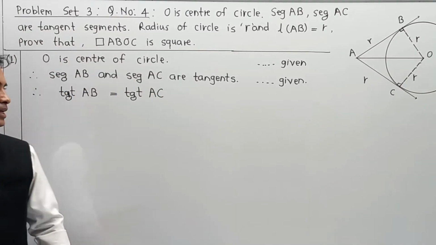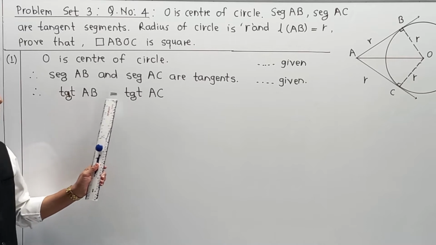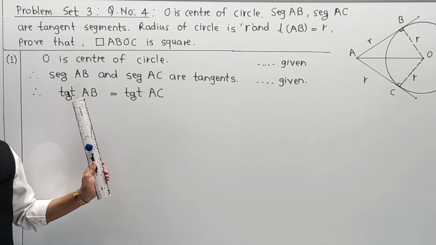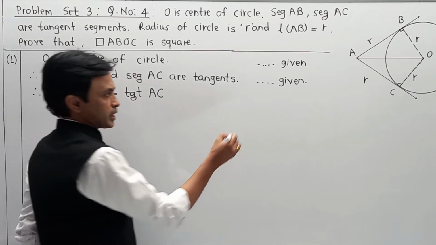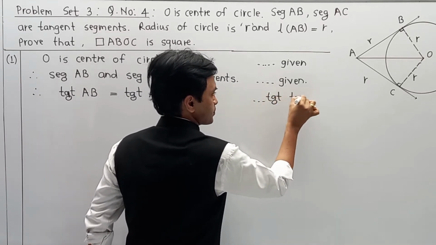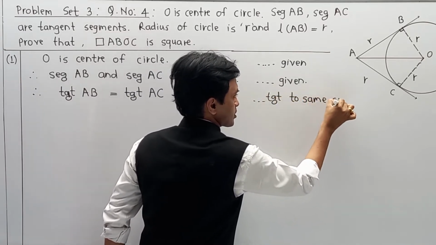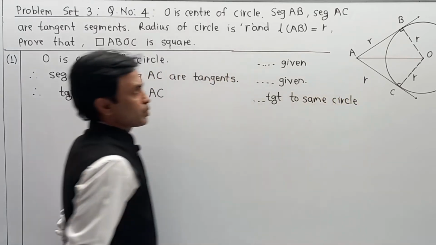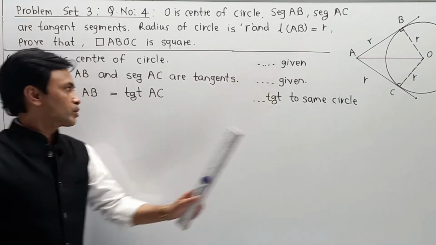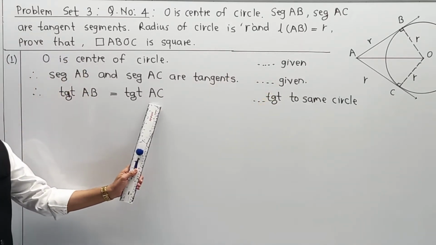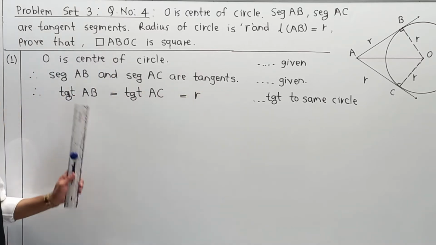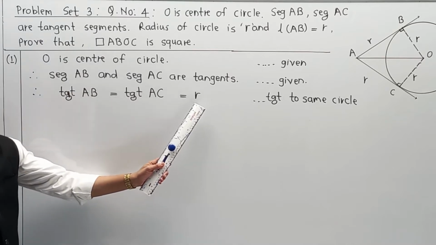Now tangent AB is equal to tangent AC, and they are tangents to the same circle, so I am going to write the reason: tangent to same circle. Now they have also given radius R and length of AB equal to R. If AB equals R, naturally AC equals R, means both are equal and they become R. Now tangent AB equals tangent AC, all become R.